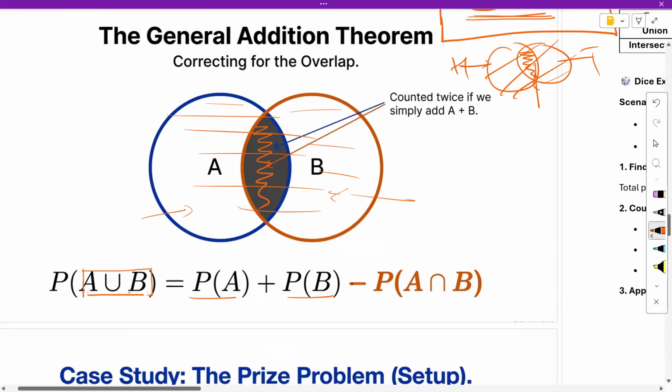But here we want to deduct this common area. Why is that?